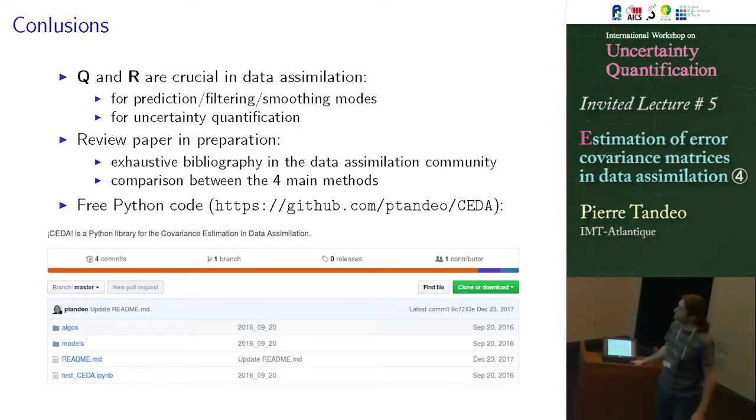Anyway, the conclusion of this work is that I hope, with the first slide, you now think that estimating Q and R is very important in data assimilation. The people who are doing Kalman know that, but for the others, I hope I was clear enough.